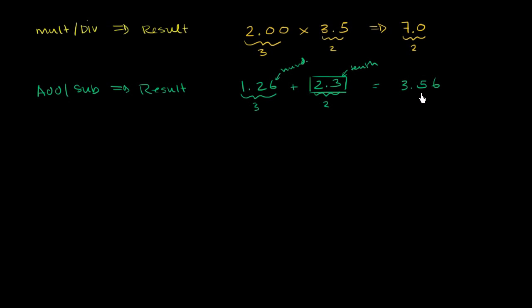So in our answer, we can only go to the tenths place. So we need to round this up because we have a 6 right here. So this is going to become 3.6. And I want to be clear, this time it worked out because this also has two significant figures.